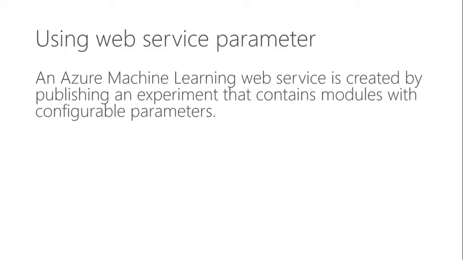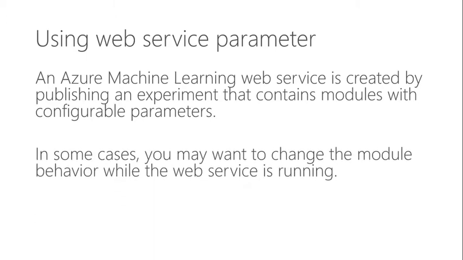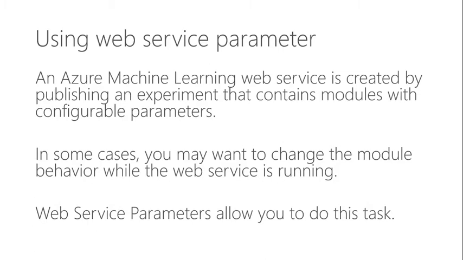Using web service parameters, an Azure Machine Learning web service is created by publishing an experiment that contains modules with configurable parameters. In some cases, you may want to change the module behavior while the web service is running. Web service parameters allow you to do these tasks.